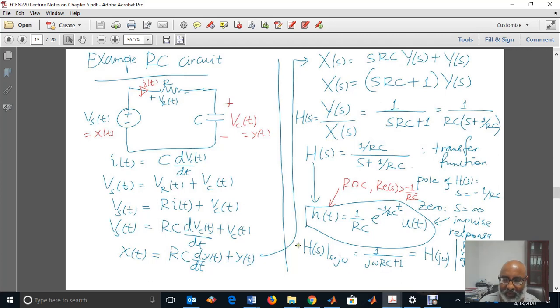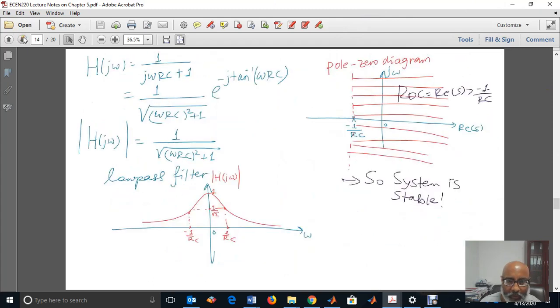If we want to find the frequency response of the system, we just evaluate the transfer function at s equal to j omega. Again, the magnitude is given by this, and the phase is minus tan inverse of omega RC, and we already have this graph, if you remember.